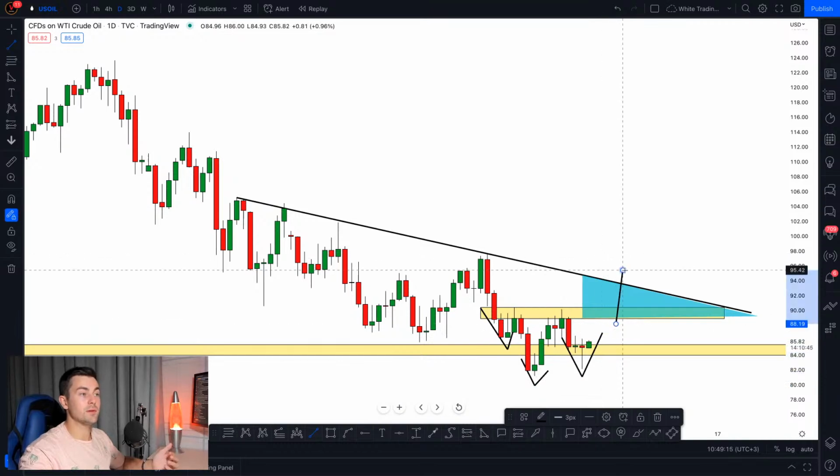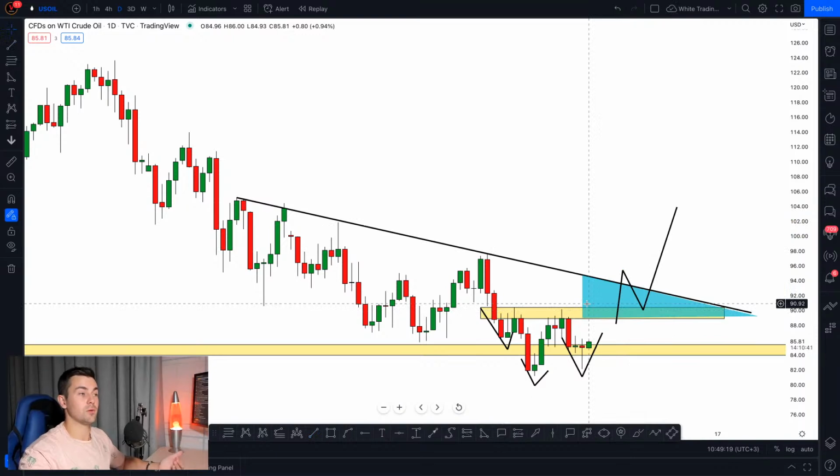So if the price breaks that resistance cluster, I believe that oil may initiate a strong bullish movement, a very nice correctional movement first that may turn into a new bullish wave. For now, the focus is that blue area, and I would patiently wait for its breakout.